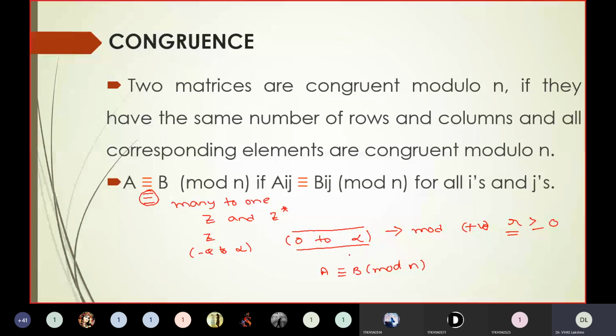We said that A is congruent modulo of B mod n. That means A mod n is exactly equal to B mod n. This is the meaning of the congruent modulo operation.